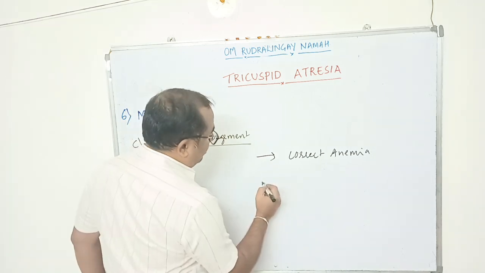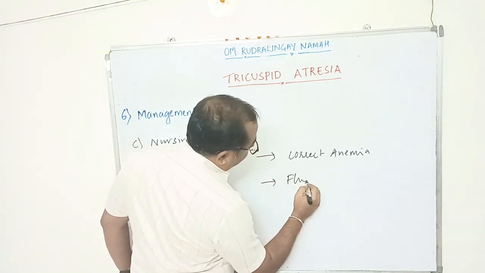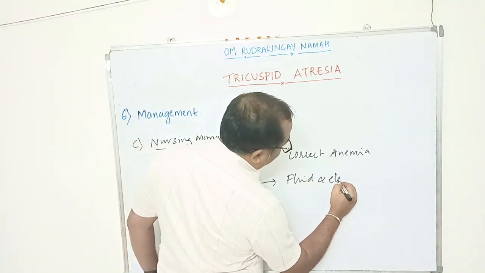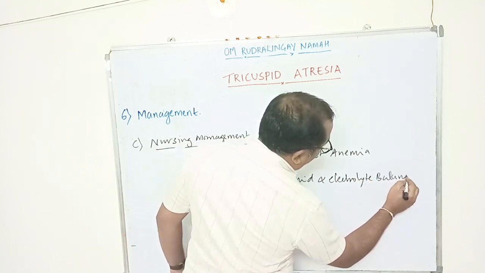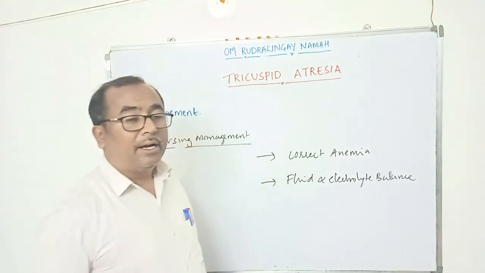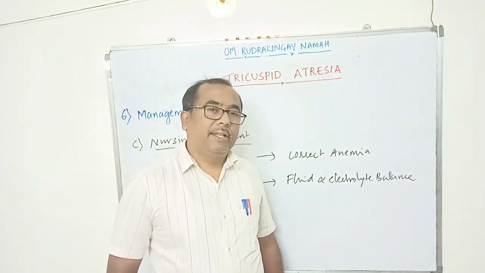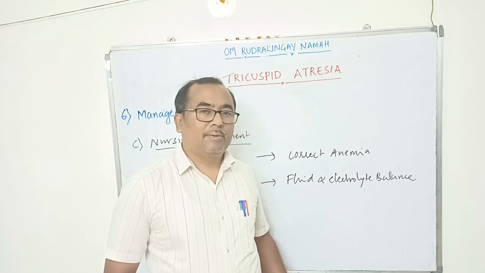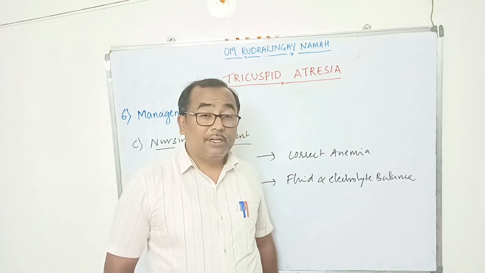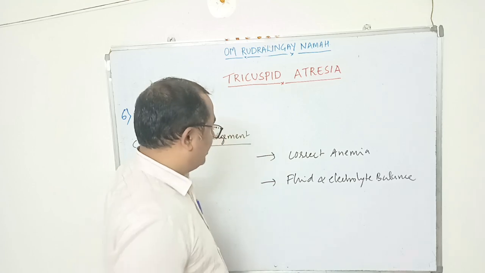Next, fluid and electrolyte balance. We have to take all the action to correct any fluid and electrolyte imbalance. We have to administer fluid as required and as advised by the physician, and we also administer electrolytes if deficient.